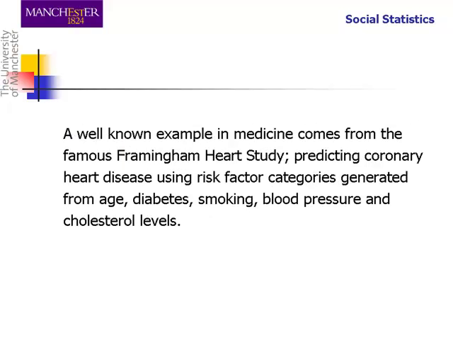A well-known example in medicine, probably the best-known example, is work which came out of what's known as the Framingham Heart Study. Framingham is a reasonably small town in Massachusetts, which was the site of an intensive study of heart disease.